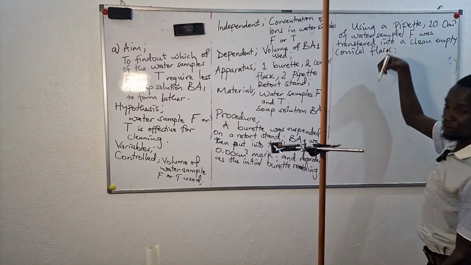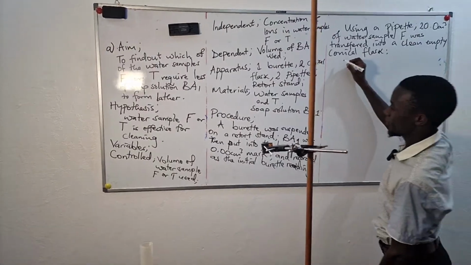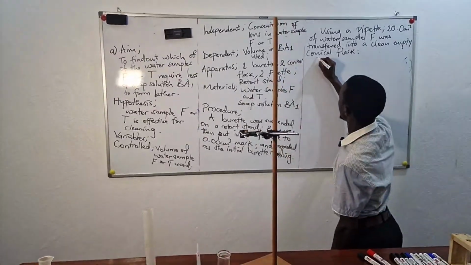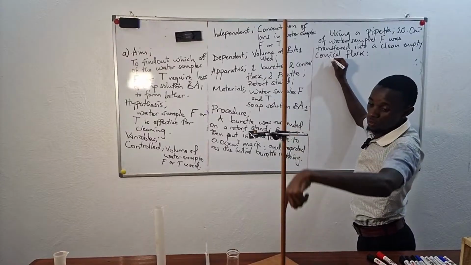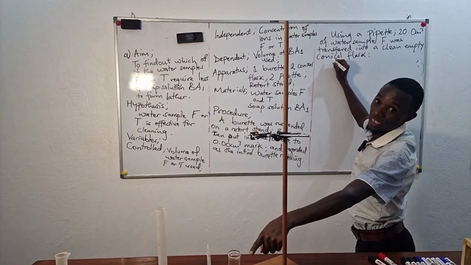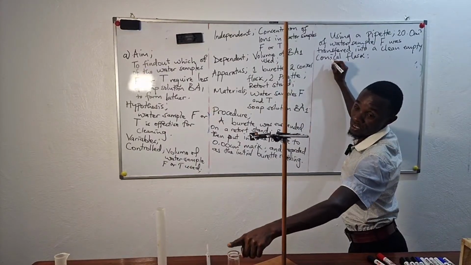To continue, we said after this, we run the soap solution from the burette onto the water sample in the conical flask.